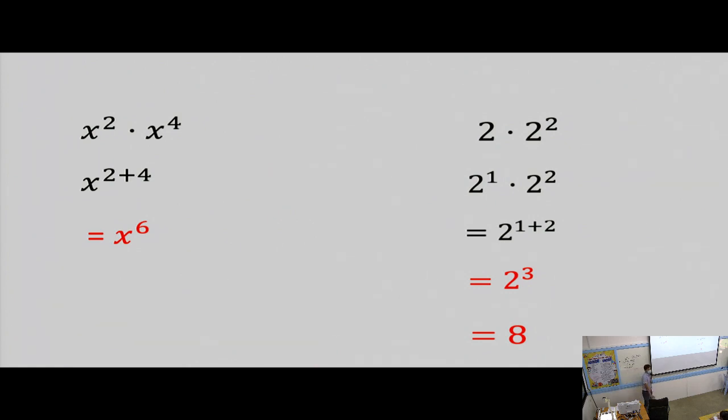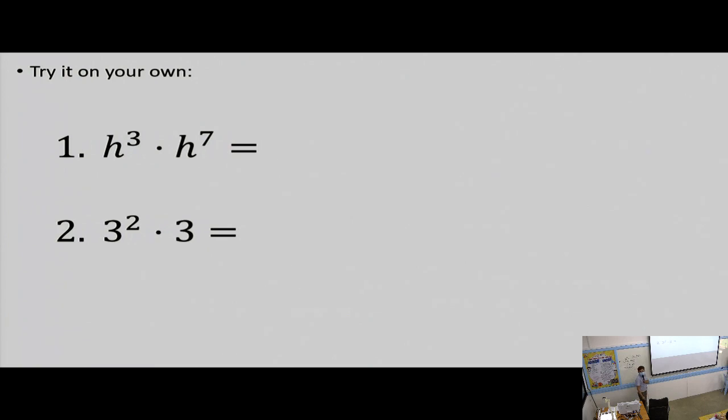Easy, right? Do you understand? Let us try this one. Miss at the back, please stand up. H to the power of 3 times h to the power of 7. What will be the answer?